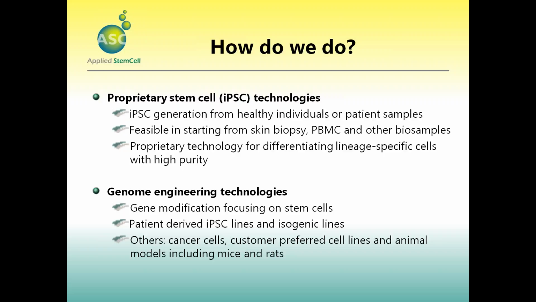Using our genome editing technologies, we can generate genetically modified cell lines, especially focusing on stem cells. We can also include cancer cell lines, customer-preferred cell lines, and animal models, for example, mice and rats.